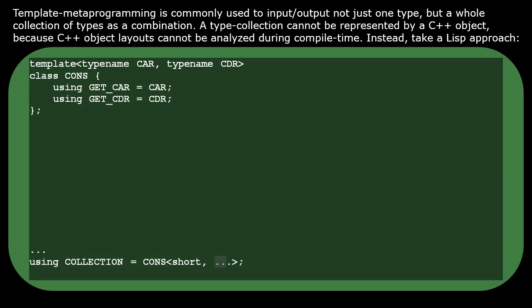Its second part, the cdr part, recursively is the next link in the chain. Eventually, this Lisp collection needs to get terminated by having defined some kind of special terminating type.